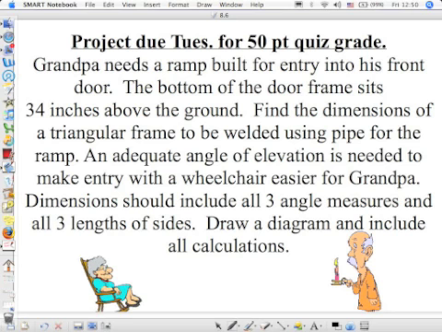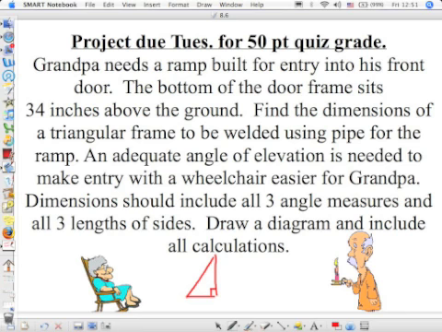Because he lives in a very muggy, wet atmosphere and we don't want the wood to rot. That's why we're using pipe. Plus it's stronger. You need an adequate angle of elevation, meaning do not make poor grandpa's ramp like this.